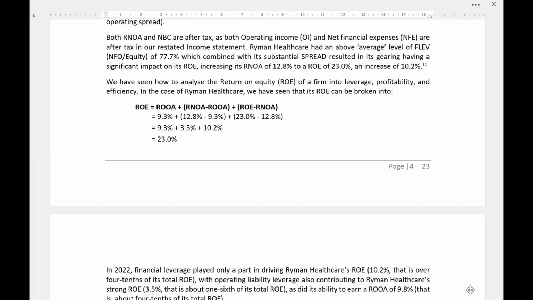We have seen how to analyse the return on equity, ROE, of a firm into leverage, profitability, and efficiency.